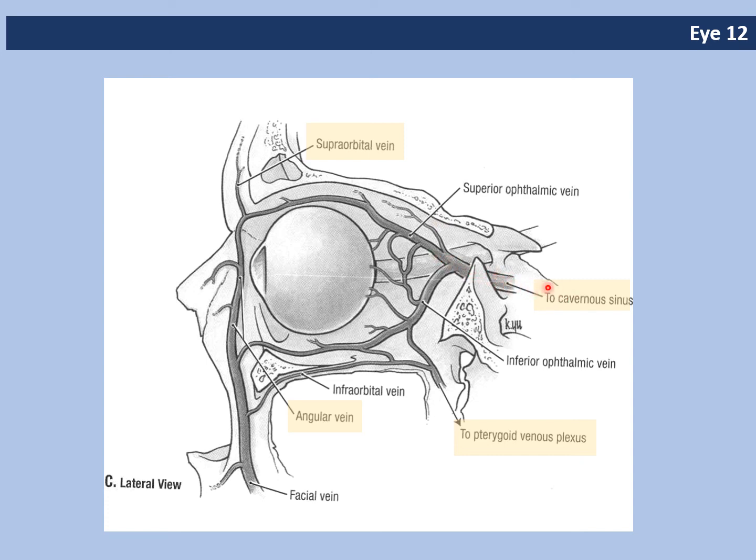And so an infection in the cavernous sinuses may not just infect the structures within those sinuses, but also it may affect the eye or result from collateral circulation around the orbit.